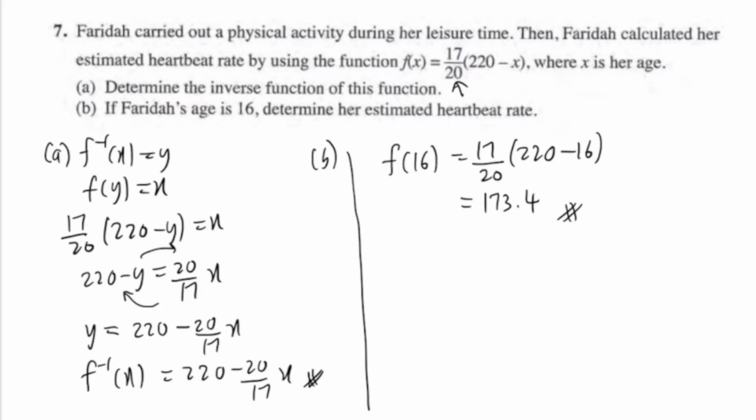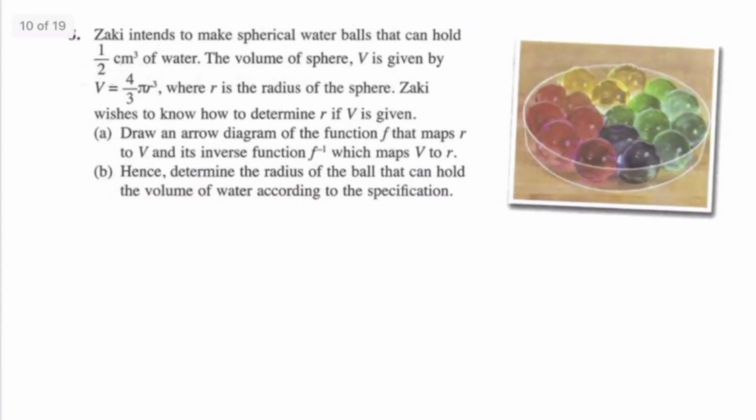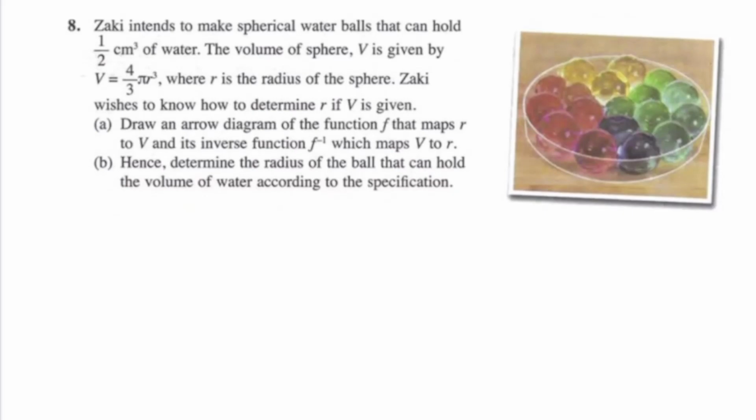Okay, let's move on. This will be the last one, number 8. Zaki intends to make a spherical water ball that can hold half cm cube of water. The volume here is given by V equals 4 over 3 pi r cube, where r is the radius. So Zaki wishes to know how to determine r if V is given.